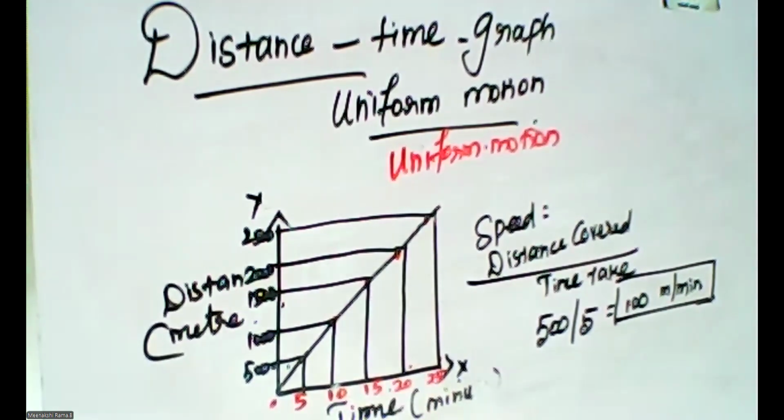The next graph is the comparison of speed. In this graph, a single person is walking. In the morning, we all want to go to our work. Each and every person goes depending upon their facilities.